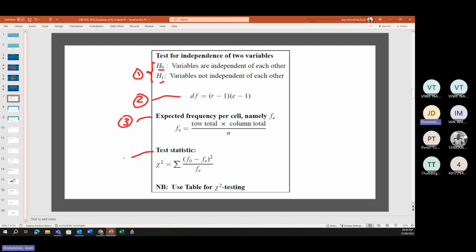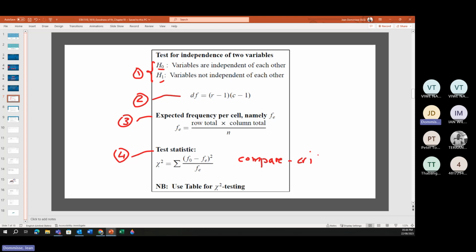Then we will need to check the test statistic and compare that to the critical value, so that we can make a decision if we accept or reject the null hypothesis.